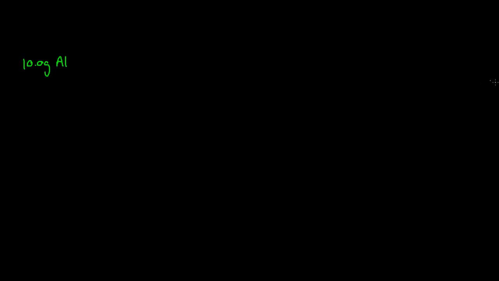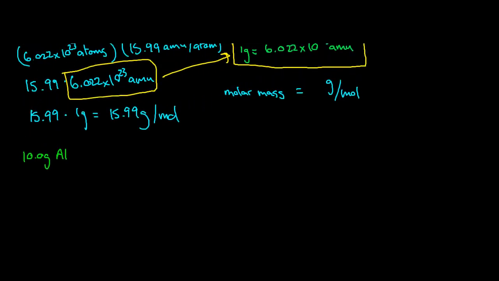I'm going to use my new molar mass that I just learned about. Figure out how many grams are in a mole, figure out how many moles I have, and then convert moles to atoms.